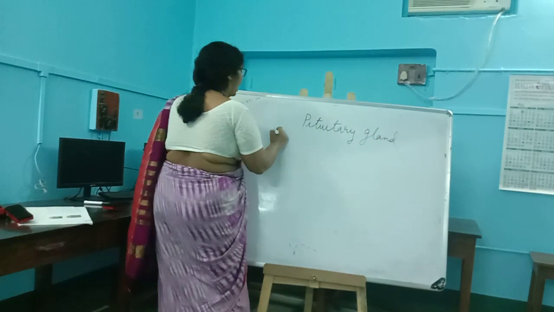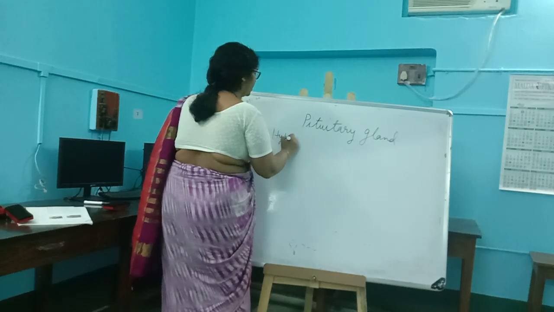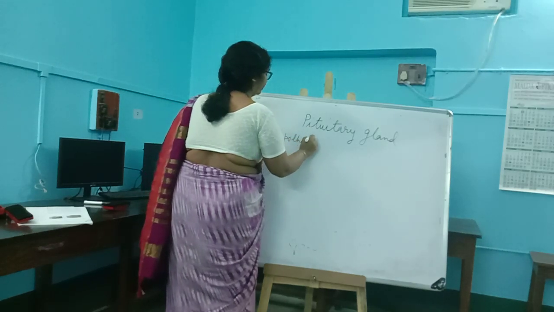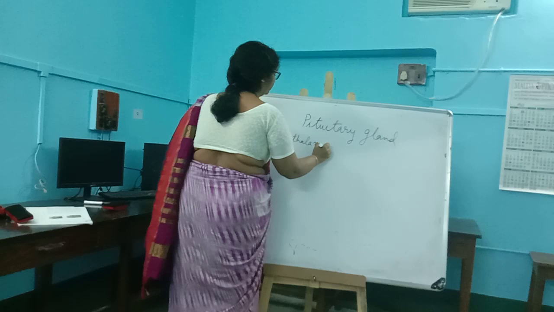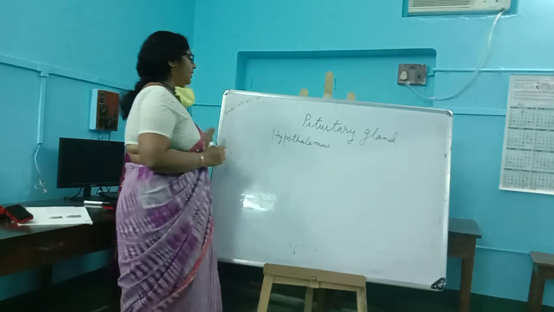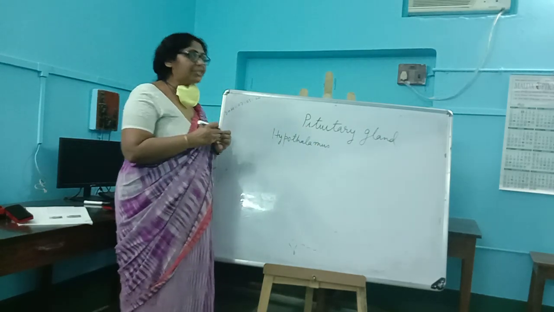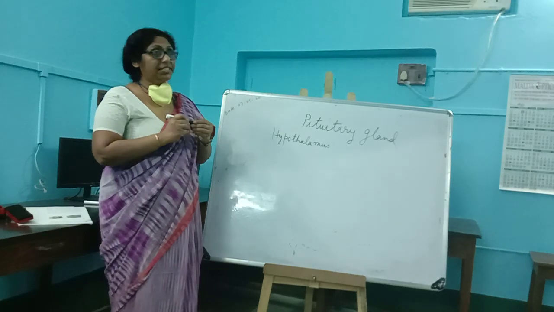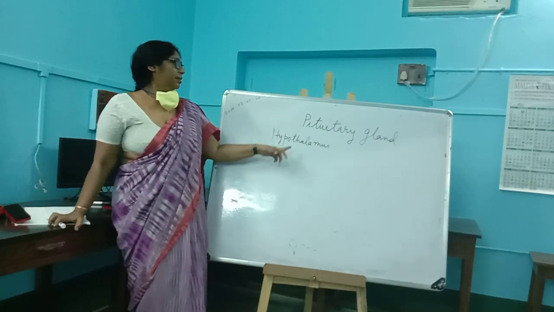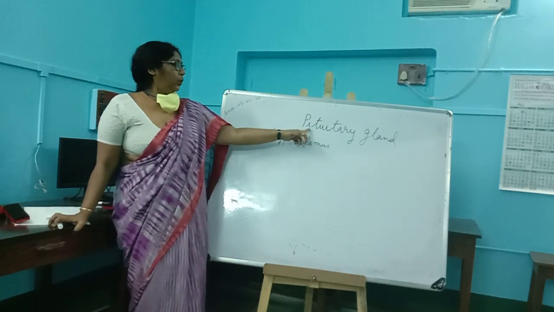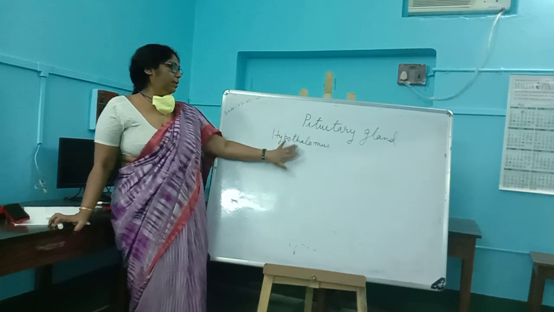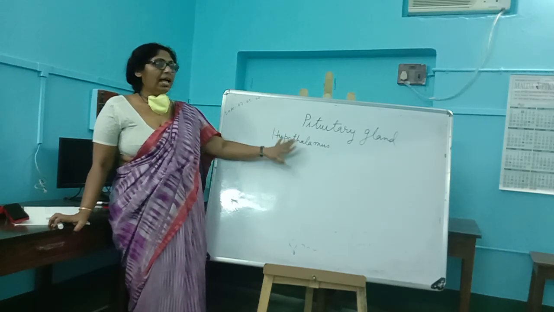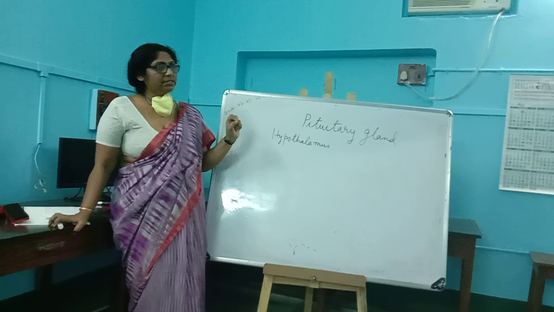At the base of the hypothalamus. What is hypothalamus? It's a part of the brain. And it is connected with the hypothalamus by a stalk-like structure. You will study it in detail in class 10. Anyways, just remember, if they ask you about the location, you will write it is found in the brain, at the base of the hypothalamus, and is connected with it by a stalk-like structure.